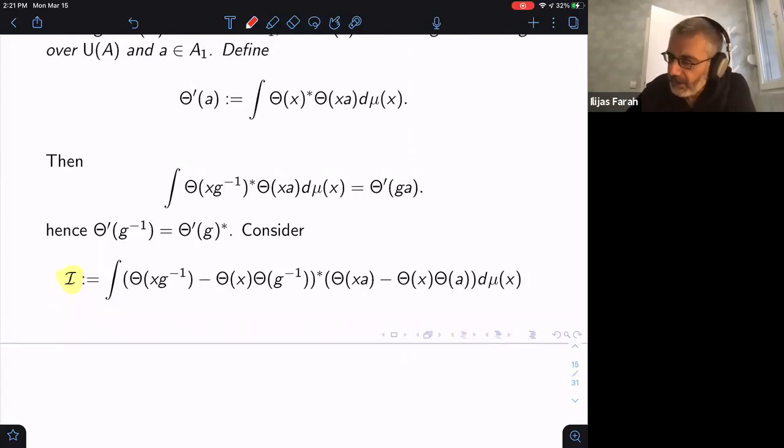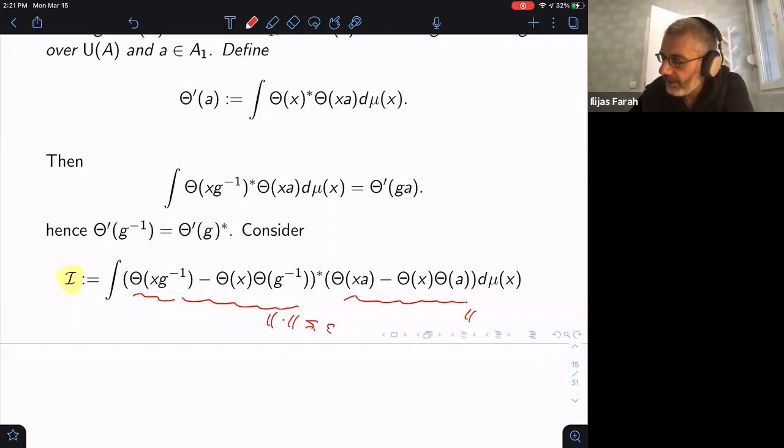Now, this here is in norm less than or equal to epsilon by our assumption, and this here is also less than or equal to epsilon by our assumption. So you can conclude that I is at most epsilon squared.